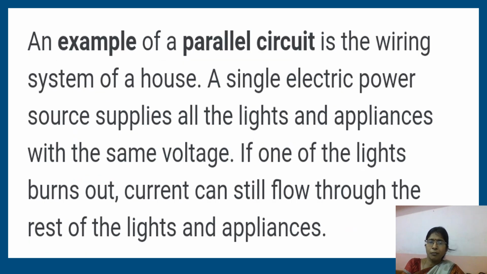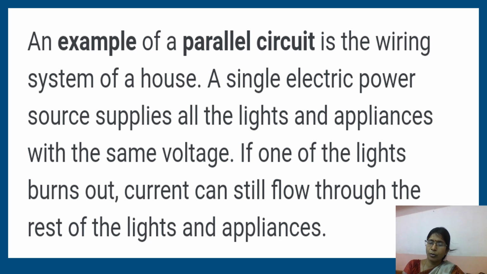An example of a parallel circuit is the wiring system of a house. You should observe that in our house all the wiring system is done based on parallel circuit. Just imagine what happens if the wiring is done in series. When any switch is on, all the home appliances are connected in series.